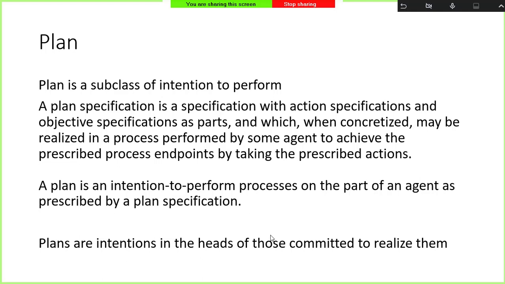plans exist first of all as plan specifications, but not every plan specification specifies a plan. And what this means is that there are many plan specifications which are created, which are never ever transformed into intentions on the part of agents to realize that plan.